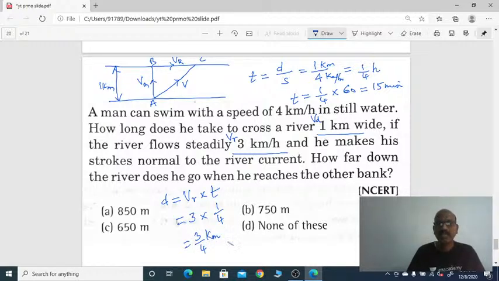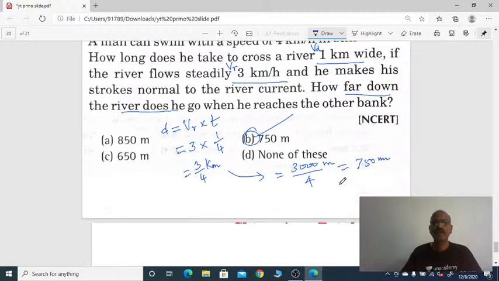Converting, 1 kilometer equals 1000 meter, so by 4 you will get 750 meter. How far down the river does he go? We got 750 meter as the right answer.